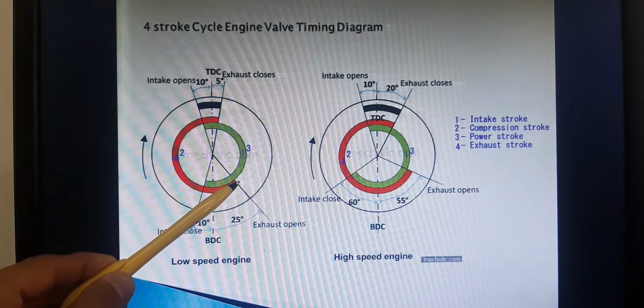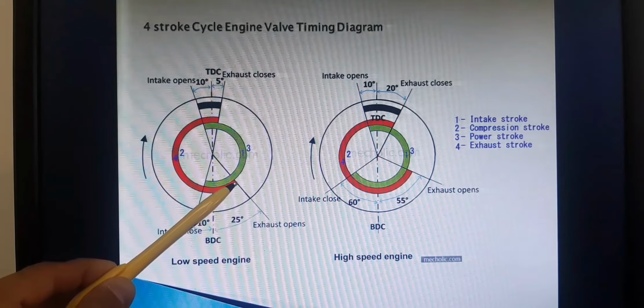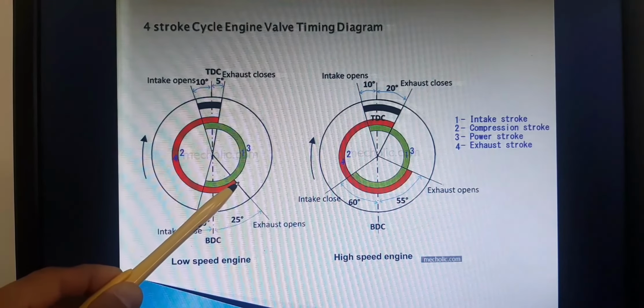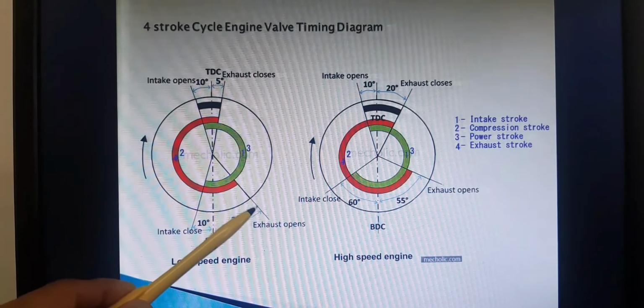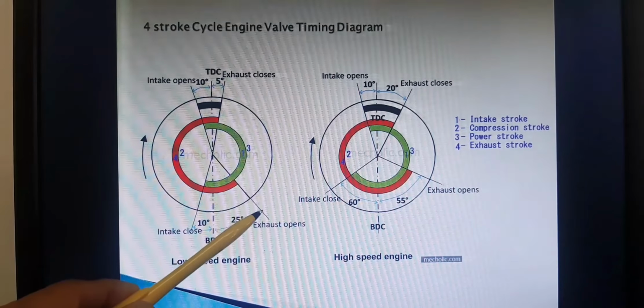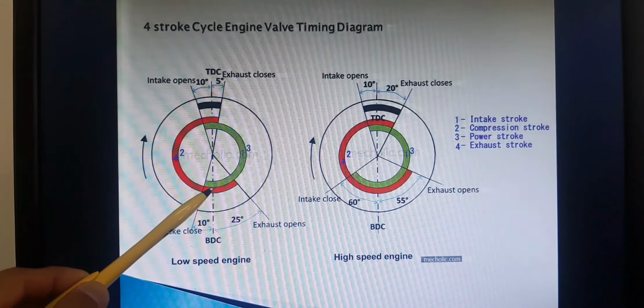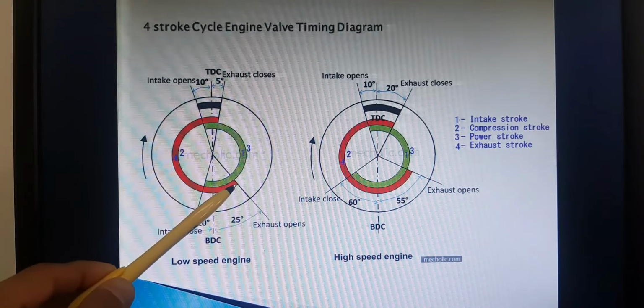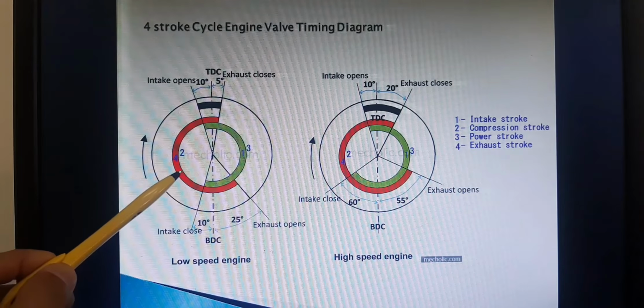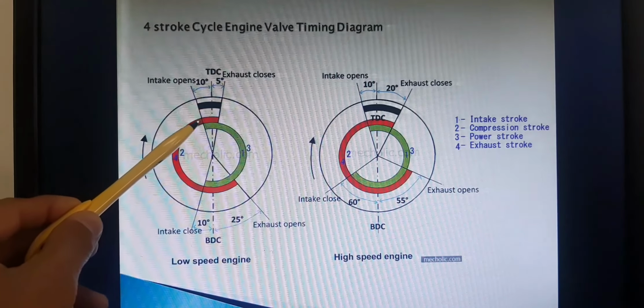After the power stroke, we have the exhaust stroke, in which the valve will open from this angle. The exhaust valve is open until there.